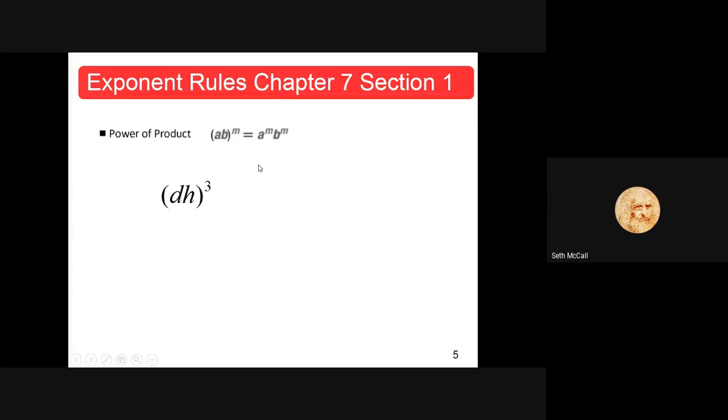Here's an example of that. We have d times h to the third power. Notice the d is to the first power because there's no power listed. The h is also to the first power because there's no power listed. Therefore, this 3 would go and attach itself to all of the things that are within the parentheses. So you would end up with d to the third, h to the third.